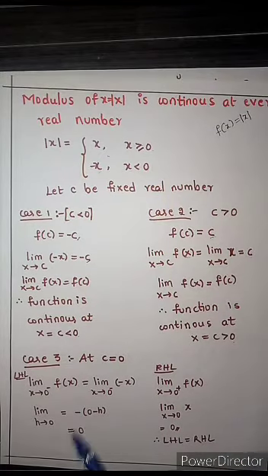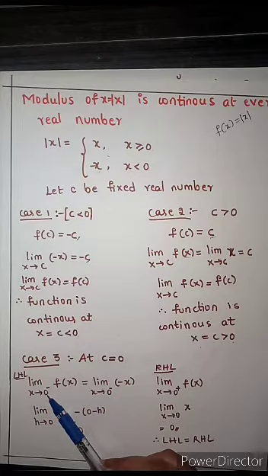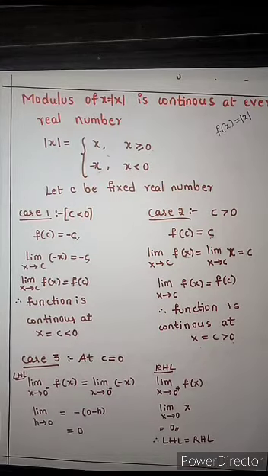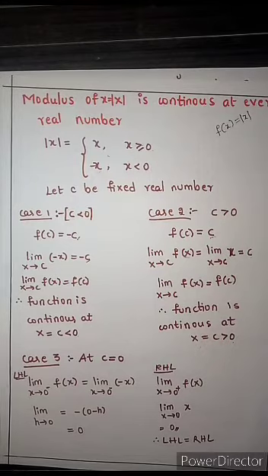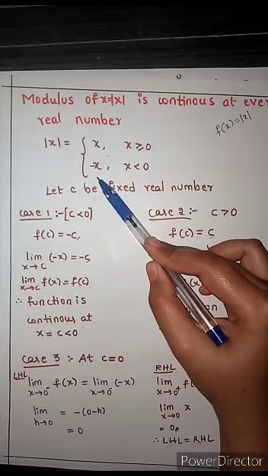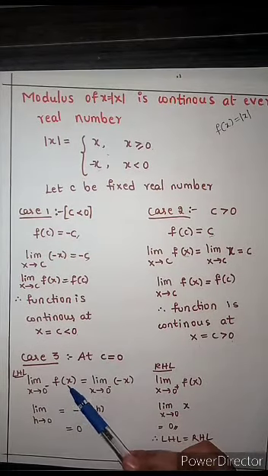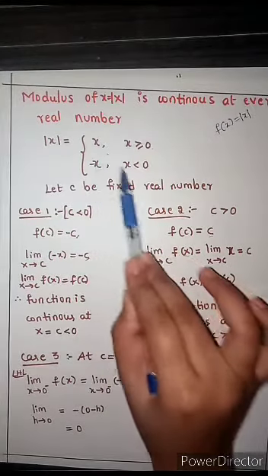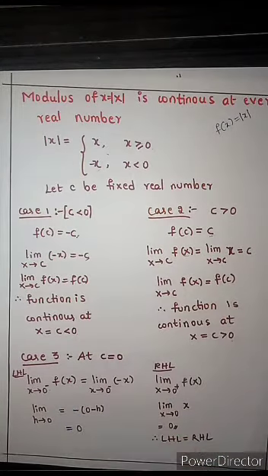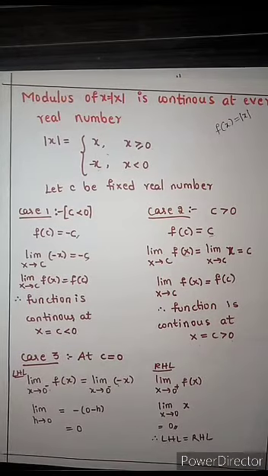So limit x extends to 0 minus. 0 minus means less than 0. For less than 0 we have the function defined as minus x. So limit x extends to 0 minus, f of x is minus x, because 0 minus means it is less than 0, a negative value.